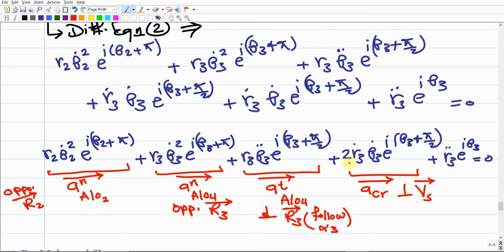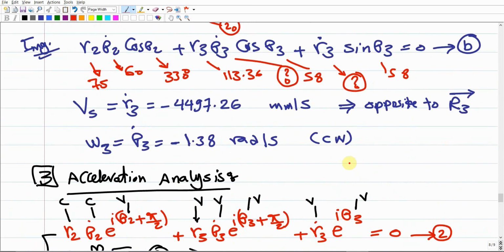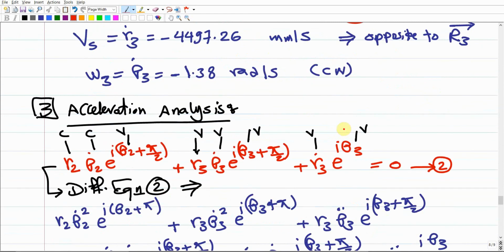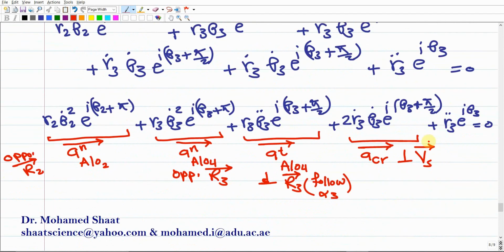R dot, we defined R dot above here. We said that this should be VS, which is the sliding velocity of the link inside the slider, right? So according to this definition, it should be pi over 2, indicating that it should be perpendicular to the R dot, which is the VS. So it should be perpendicular to the VS, but it is going to somehow depend on the direction of theta 3 dot, which should be omega 3.